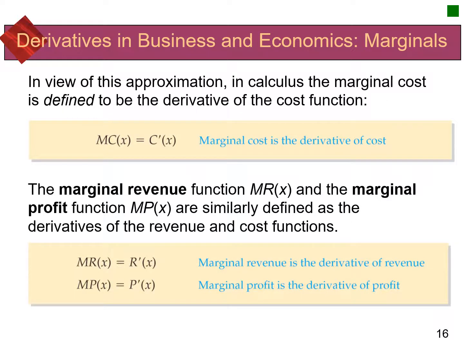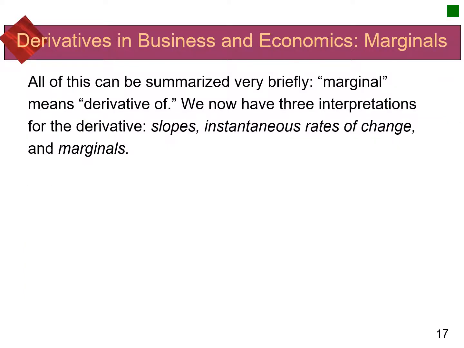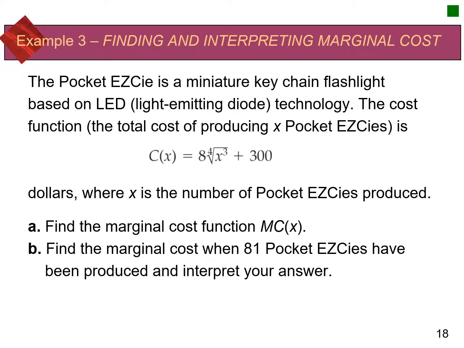And that's what they kind of discuss right here. So marginal basically means derivative of. And again, we have these interpretations: slopes, instantaneous rates of change, derivatives, and now marginals. It's another word that you have to be kind of aware of, that indicates that you need to take some sort of derivative.